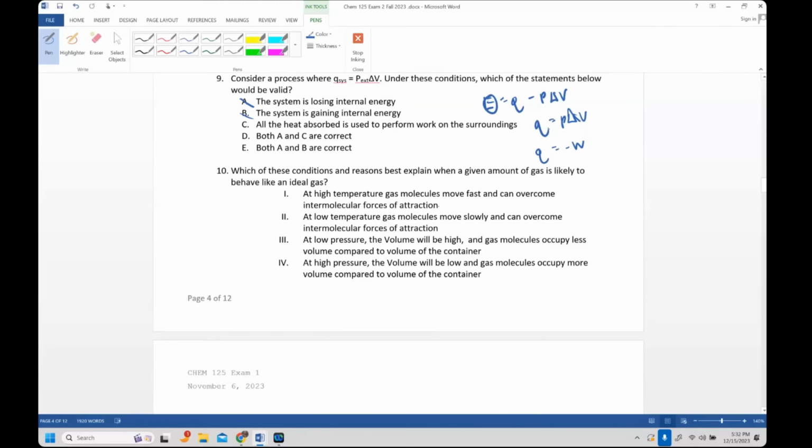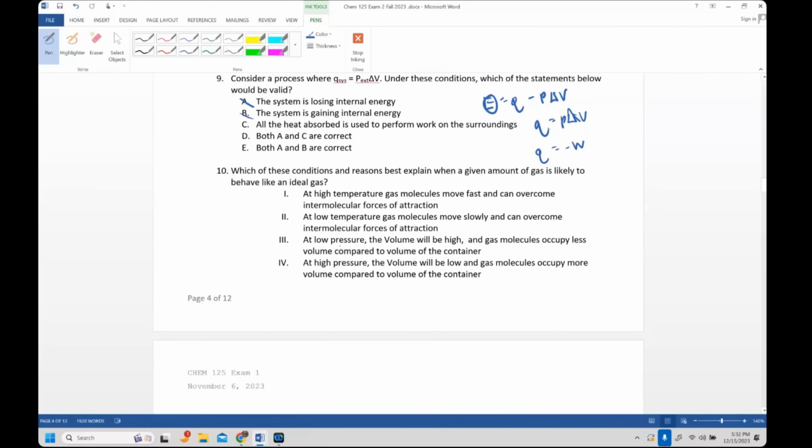Option 2: at low temperatures, gas molecules move slowly and can overcome intermolecular forces. At low temperatures, they move slower, but this does not necessarily overcome their intermolecular forces. But if they overcome those forces, it will still be considered an ideal gas.